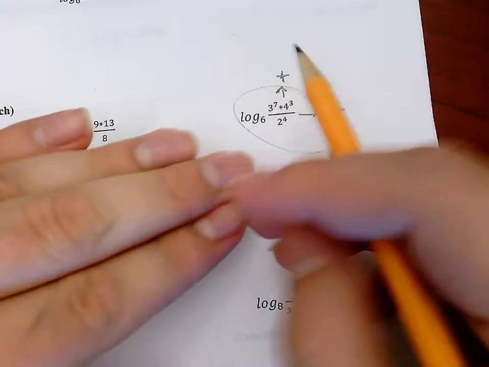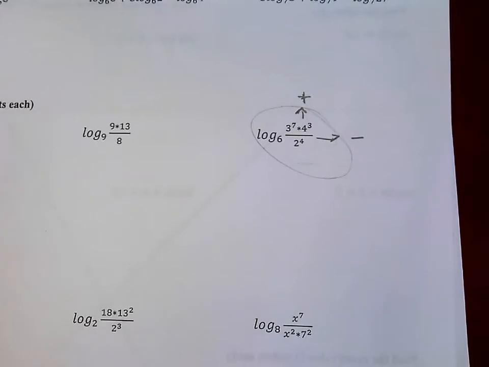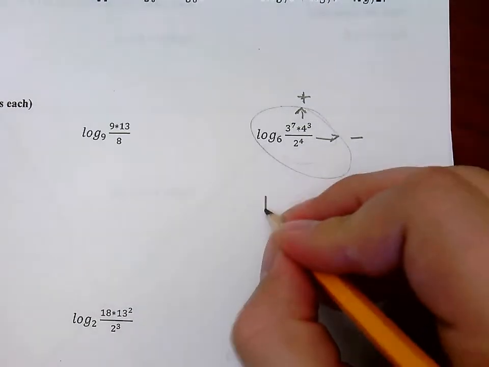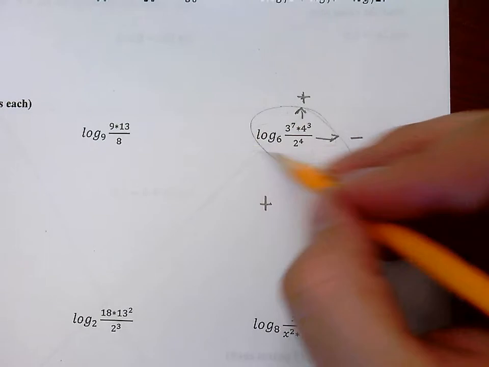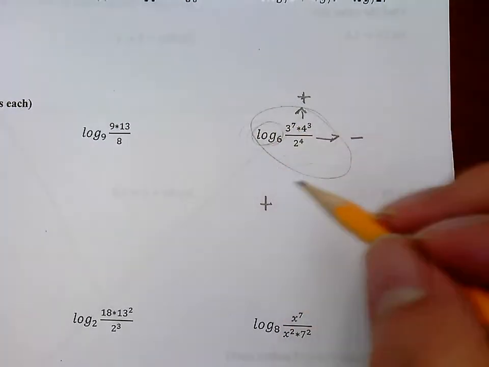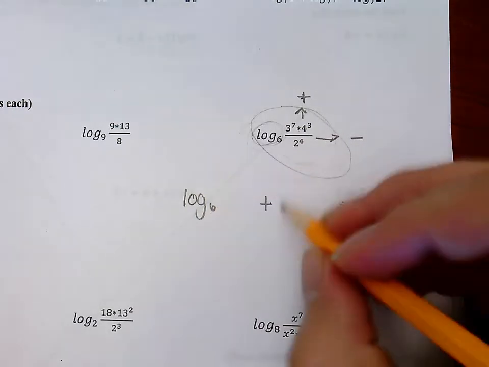So what we're going to do now is expand it out. We're going to try to make it look like something like this up here. So I know there's going to be a plus, and then I know there's going to be a minus. Now this log base 6, once again, is the thing that doesn't change, and we need that everywhere.